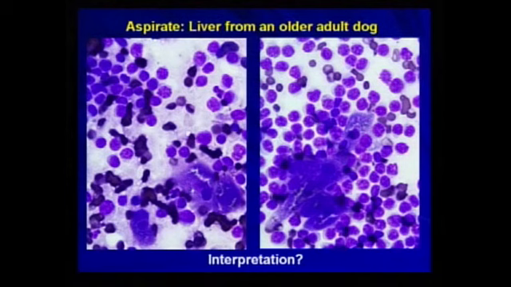We are looking at the aspirate of a liver from an older dog. I know that we have not looked at a lot of visceral aspirates, and that will be a totally different lecture about what normal aspirates look like from a variety.